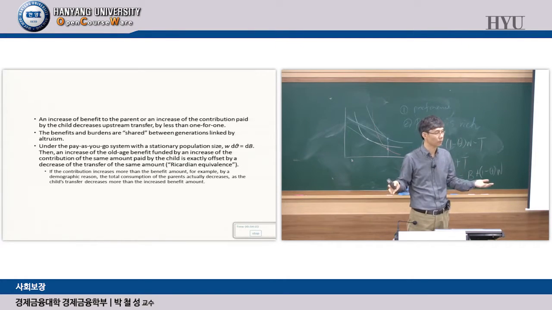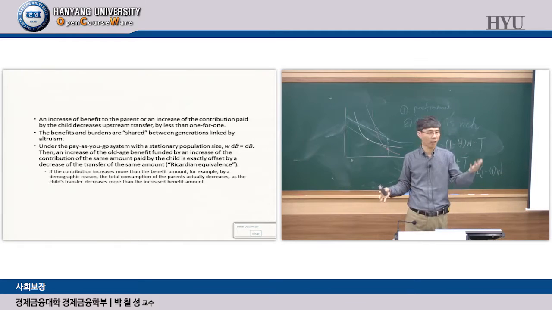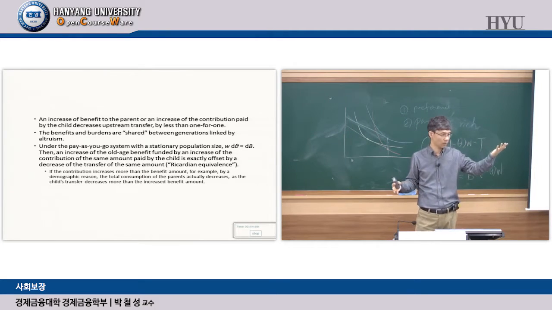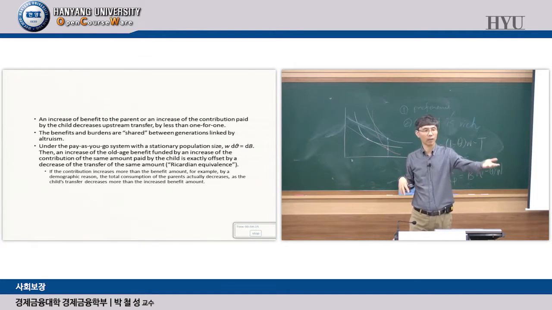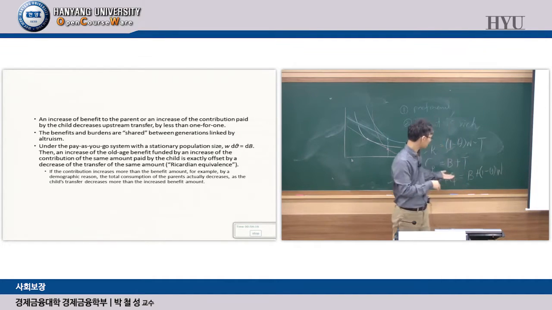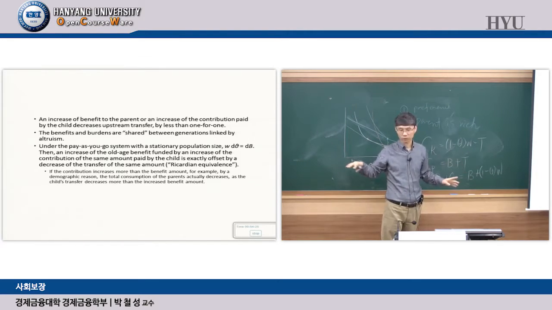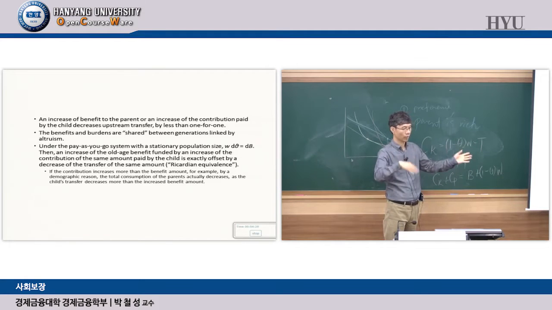Their consumption will depend on total income. If the wife got an income increase, the husband will consume more. If the husband got an income loss, then the wife will consume less. Okay? So it's basically the same thing. You can apply this model more broadly than just parents and child.